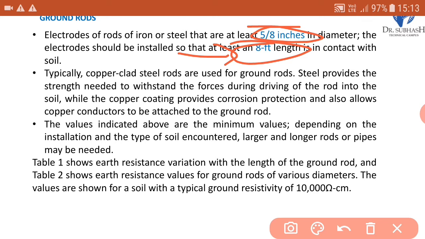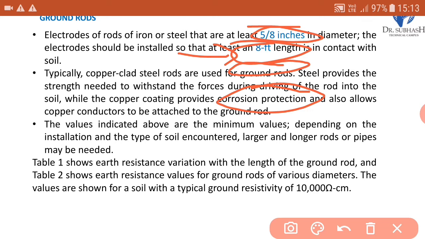Typically, copper-clad steel rods are used for ground rods. Steel provides the strength needed to withstand the forces during driving of the rod into the soil, while the copper coating provides corrosion protection and also allows copper conductors to be attached to the ground rod.